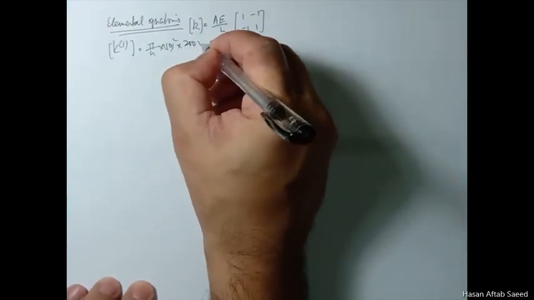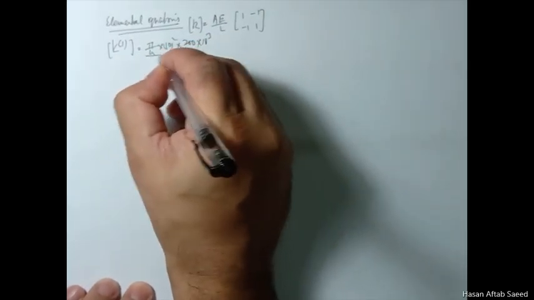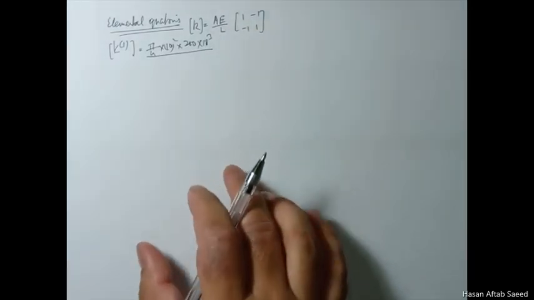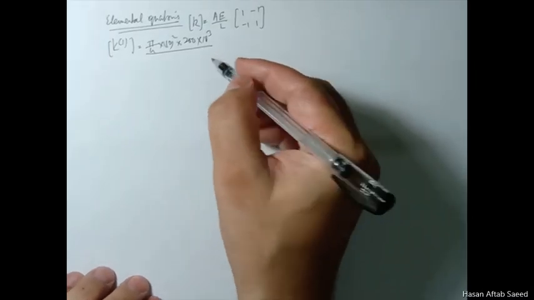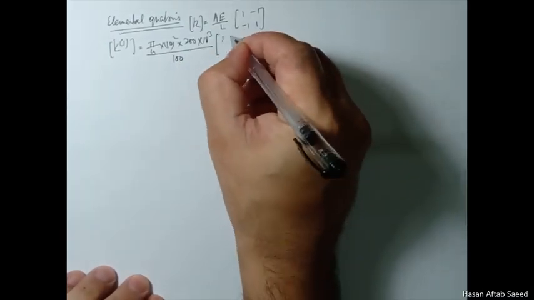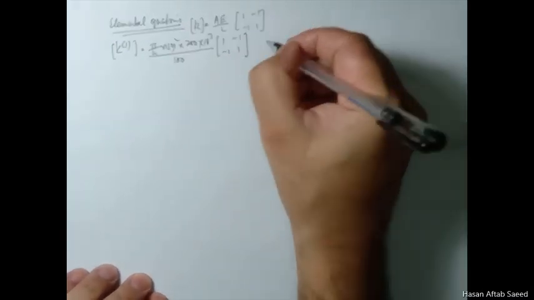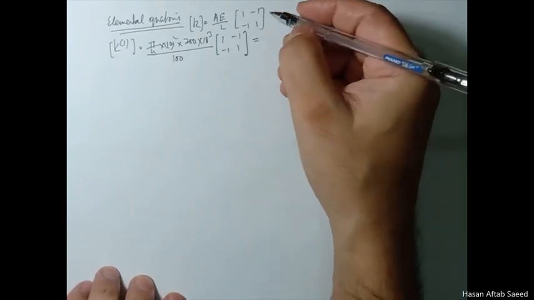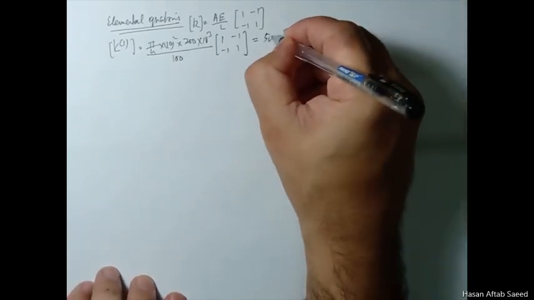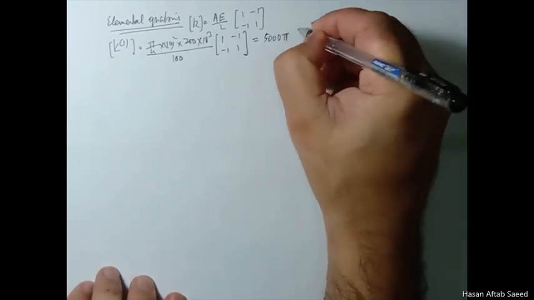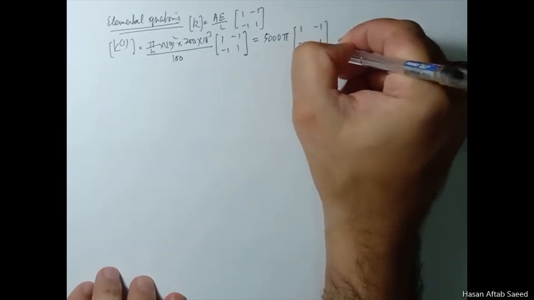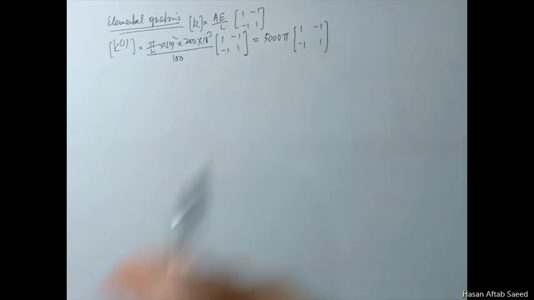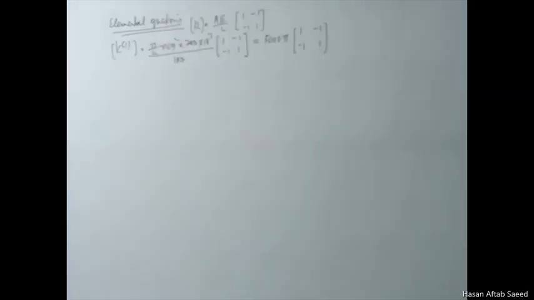E is 200 into 10 raised to power 3, this is our Young modulus converted to megapascals. Length 100 millimeter. 1 minus 1 minus 1 1, and this turns out to be 5000 pi. I'm deliberately writing it in this form. I don't want to lose information here.